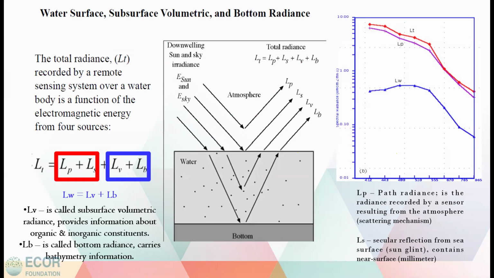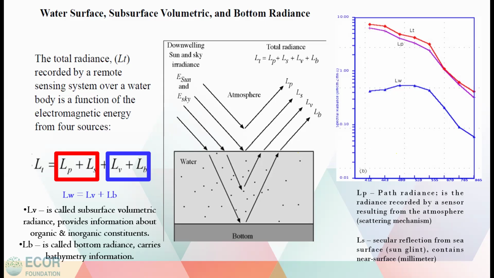So this slide explains the radiance components in ocean remote sensing. LT is the total radiance. It's the energy detected by the sensor over a water body. It includes the water-leaving radiance, denoted as LW, which is energy from within the water body.